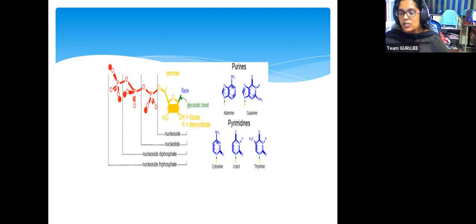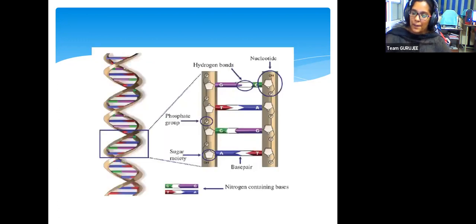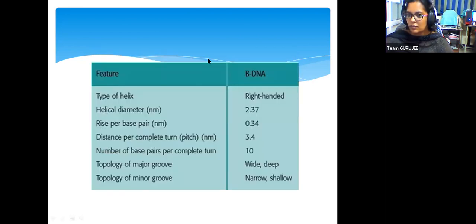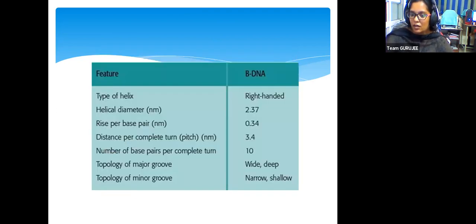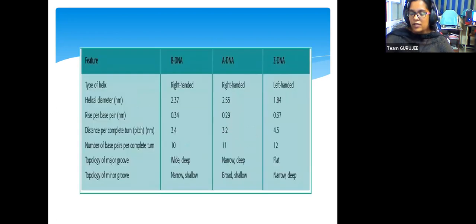Pyrimidines include cytosine, uracil, and thymine. This is the bond formation in DNA. These are the comparison of three forms of DNA: B, A and Z. B and A are right-handed helix and Z DNA is left-handed helix.